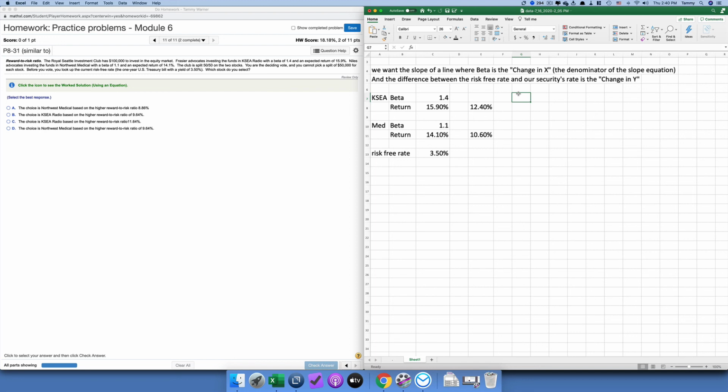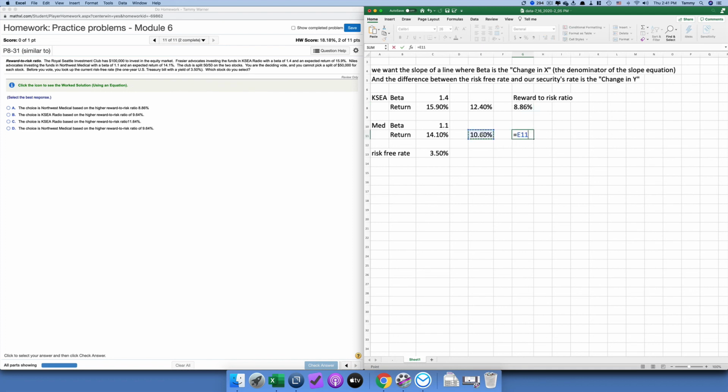So now we can say our reward to risk ratio is just simply, here's our reward, and here's our risk. And we want to give this in percentages with 2 decimal points. So we'll do that again.